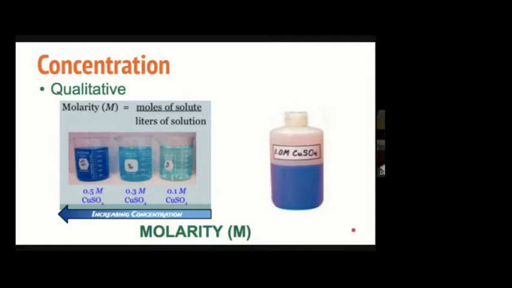And if I were the one mixing this up at school, I would be required to put a label similar to this one on it. And what this means is that I have 1 mole of copper 2 sulfate dissolved in enough water to make a liter of solution. So I have to put the concentration on the label, and I have to put the substance that's dissolved in it on the label as well.